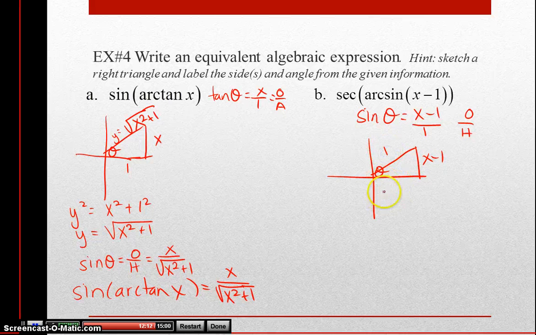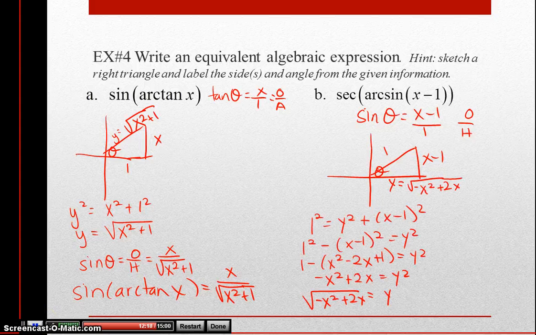So our goal is to find what the remaining side is by using the Pythagorean theorem. Let's go ahead and do that. Now that we found the adjacent side using the Pythagorean theorem, we can find the secant of theta. We know that the secant is our hypotenuse over our adjacent.